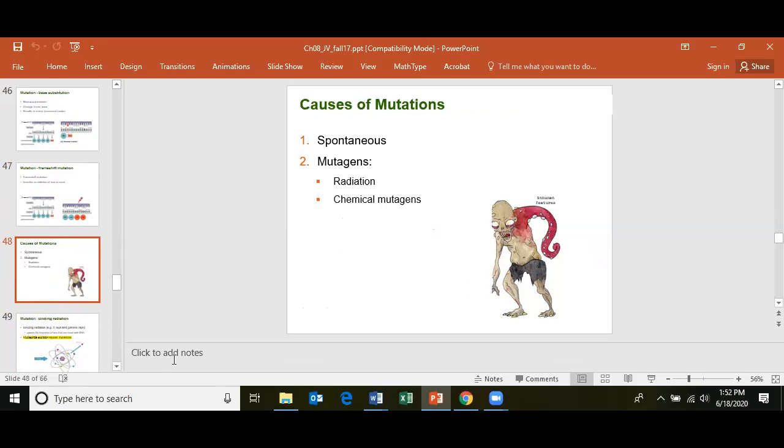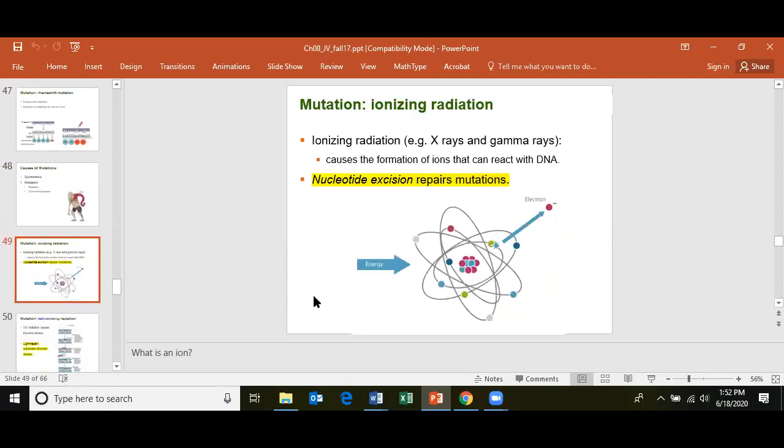And mutagens can either be physical, like radiation, or chemical, like benzene, which would be a chemical mutagen. There are two types of radiation that can cause mutation.